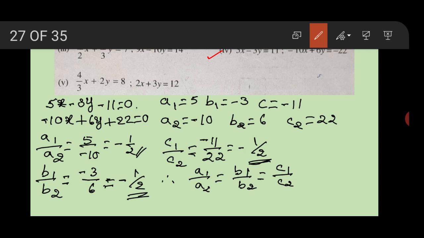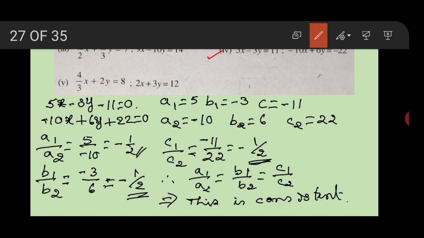What does it imply? These two equations are consistent or inconsistent? Yes, it has an infinite number of solutions. The two lines are coincident, therefore this is also consistent, right?